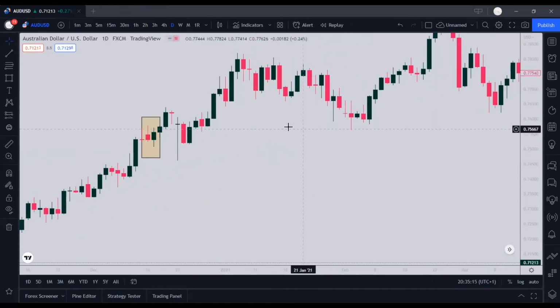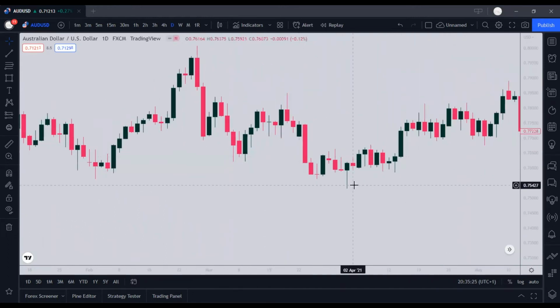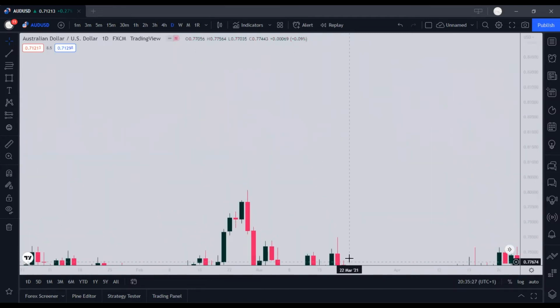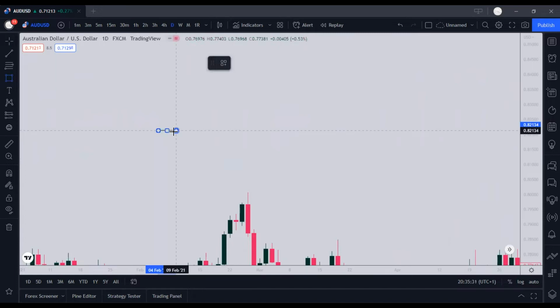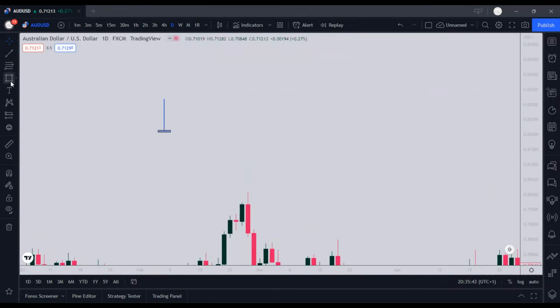So let's see if we can identify more of it. Dojis are very common. Another one is here. We have one, two here. There's one, two here. So this is what I call Doji. Now, let me show you this. This is a type of Doji. I'm going to show you all at once.